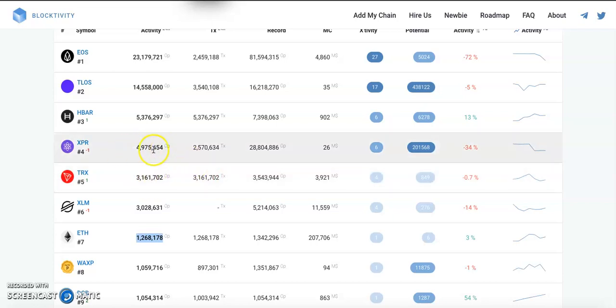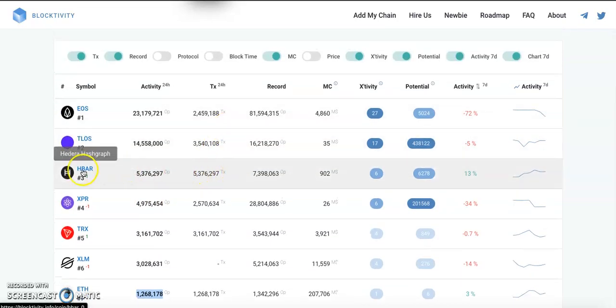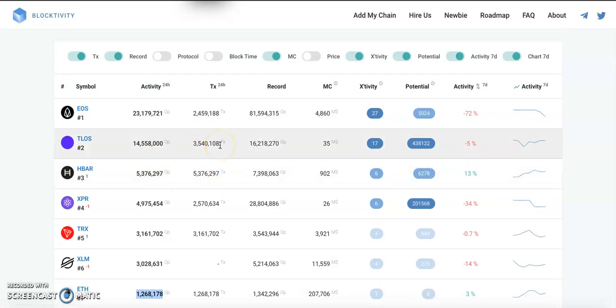See a blockchain like Proton. Proton transactions are 2.5 million, and its operations are 4.9 million. This is Hedera Hashgraph, where transactions and operations are the same thing. Now this is Telos.